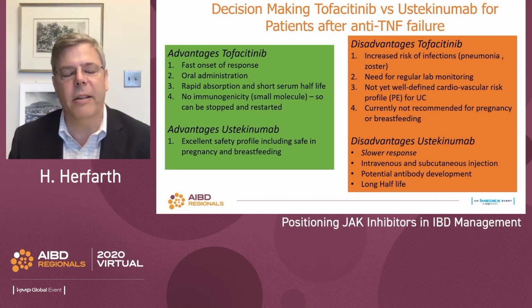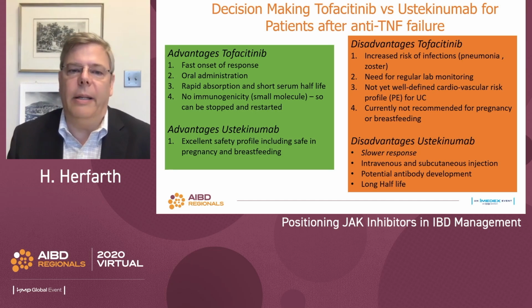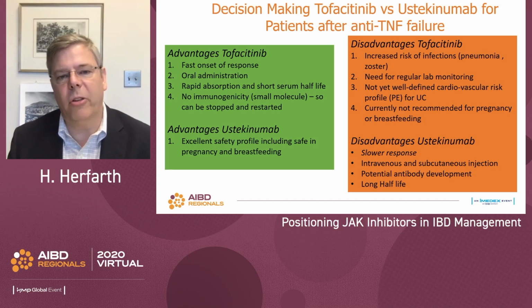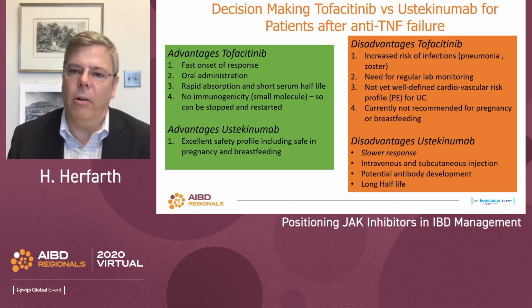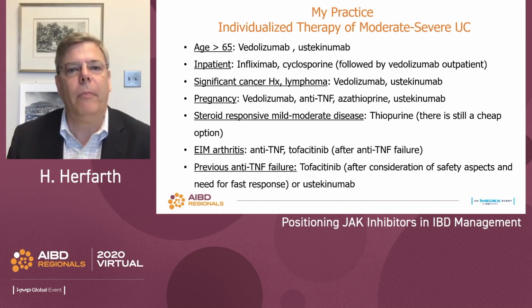There's no side-by-side comparison of tofacitinib and ustekinumab, but I feel it's a little bit slower. It is an intravenous and subcutaneous injection that can sometimes cause problems with insurance approval, and perhaps patients don't like that so much. It has the potential of antibody development, but that risk is low, and it has a long serum half-life, but again, it's relatively safe.